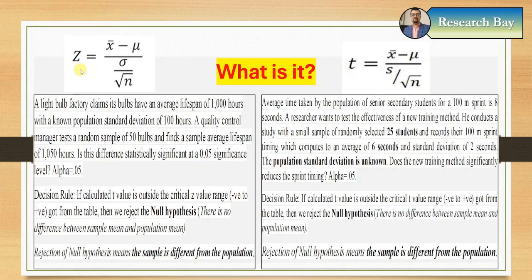If in case you have a large population, say more than 30 samples, and the population standard deviation is known to you, in that case you do a Z test. If the population standard deviation is unknown and there is a small sample that is less than 30, in that case you conduct a T test. But actually what is Z and what is T?